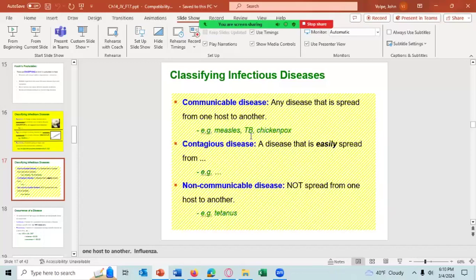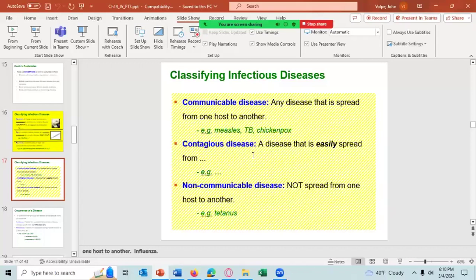The bacteria that causes leprosy does not easily spread from one host to another. In fact, almost 90% of humans cannot get that microbe to grow in them. Only about 10% of humans can. So it doesn't spread to most people, but it can spread. So it is communicable.